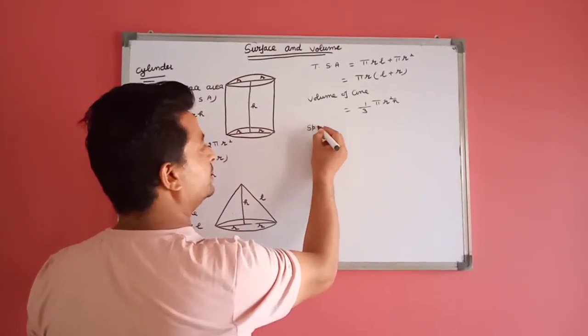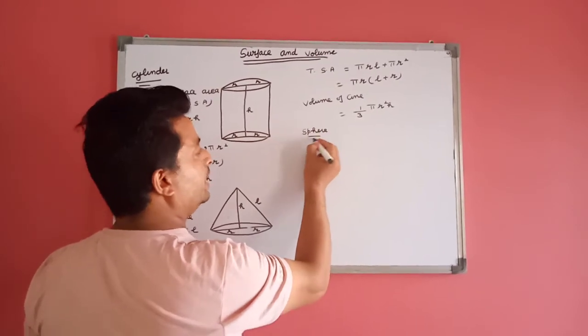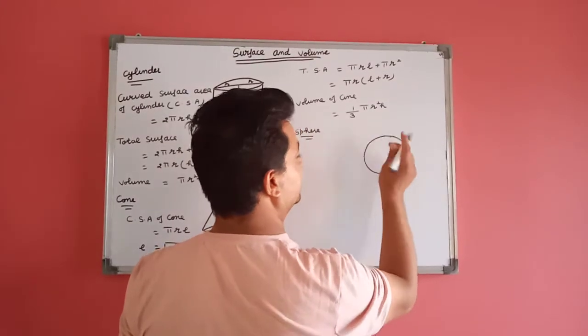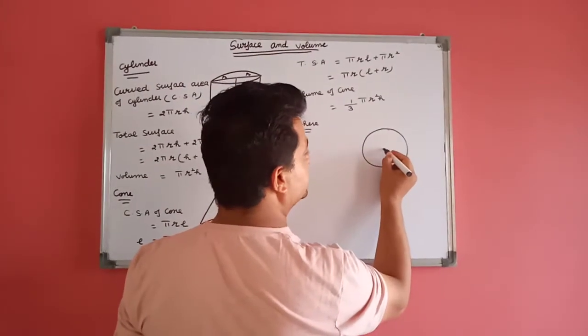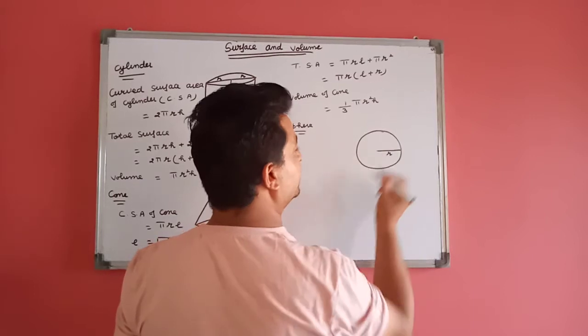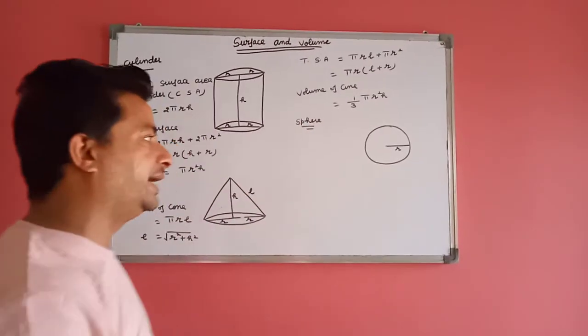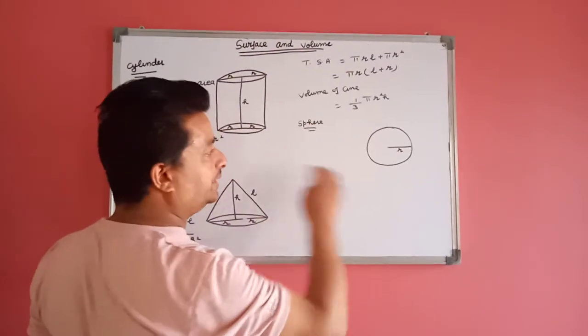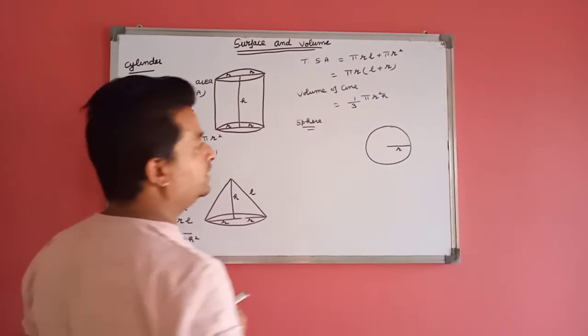After this, we have sphere. As we know, the shape of sphere is like this. This is not a circle, this is a sphere. The difference between circle and sphere is that a circle is empty inside, but a sphere has mass as well as volume.